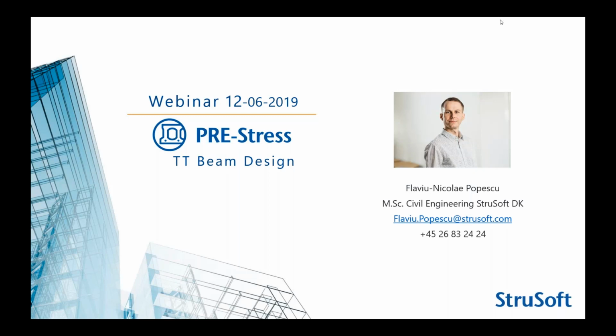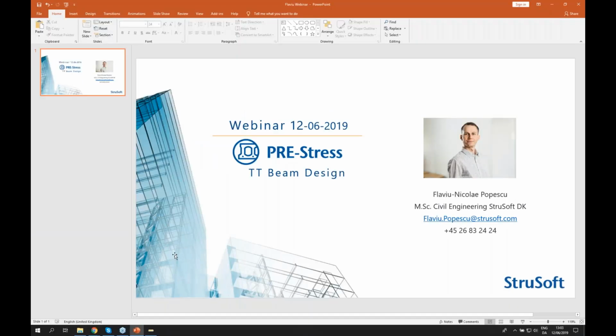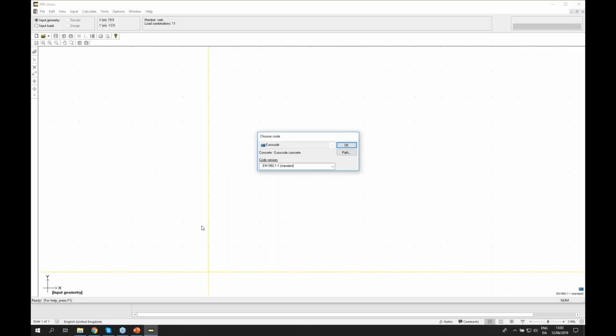Today we're going to look at the pre-stress software and how you can handle double T-beam design with this program. So I'll just open pre-stress here. For those of you who see pre-stress for the first time, this is what it looks like.